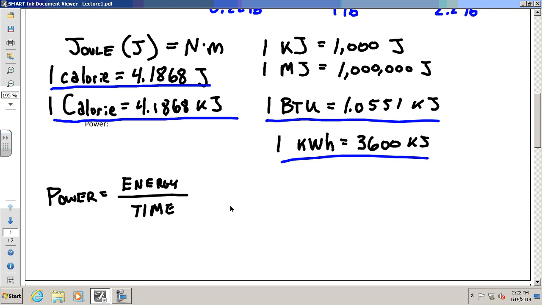It's the rate of energy. The most common unit of power is a joule per second, and that is a watt, which we abbreviate as a capital W. So if you have 1 joule of energy flowing per second, that's a watt.